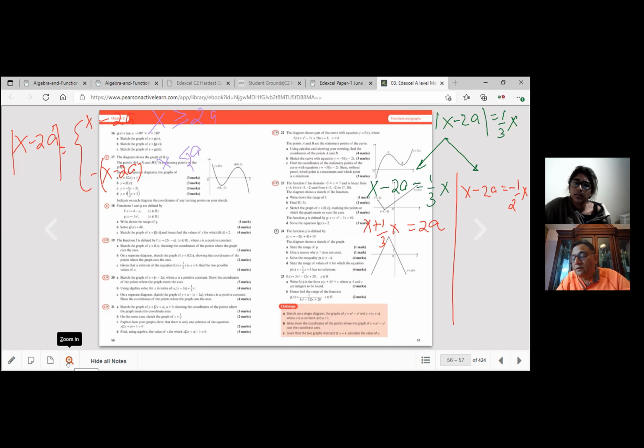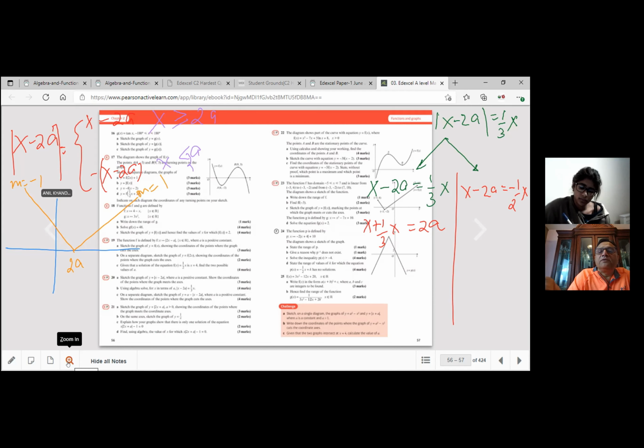But that is not required. I'm telling you a shortcut method to do this equation. Let's go through it once again. It's very important to understand this part. When we had the equation x minus 2a, it really means that your graph has its vertex at 2a, and the gradient m is 1 on this side and of course minus 1 on the other side.